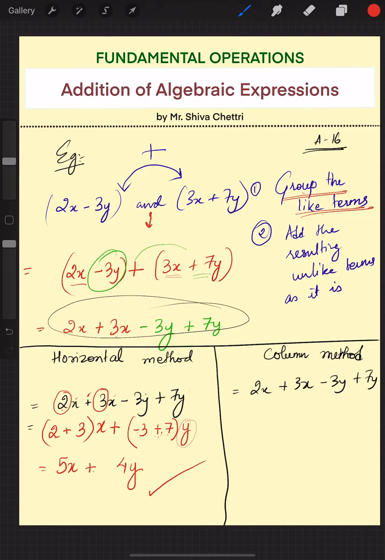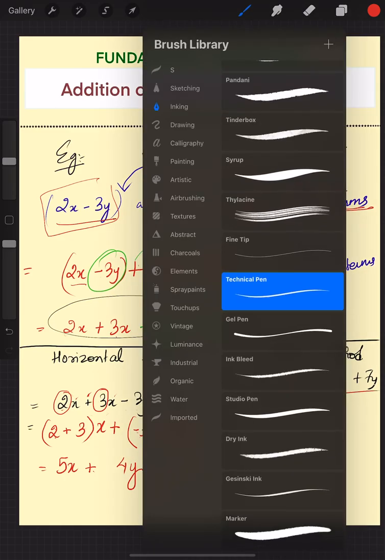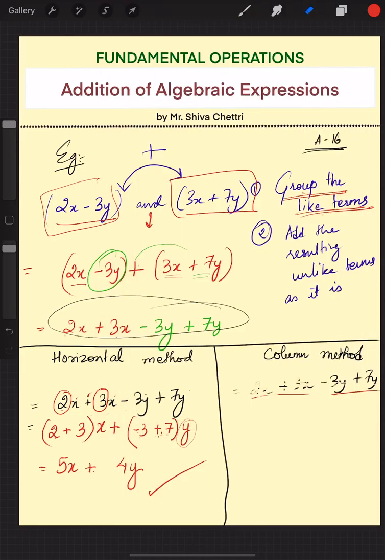Now for the column method we need to do it separately. Or you can do it this way also. So just go to the question. Just wait for a while.